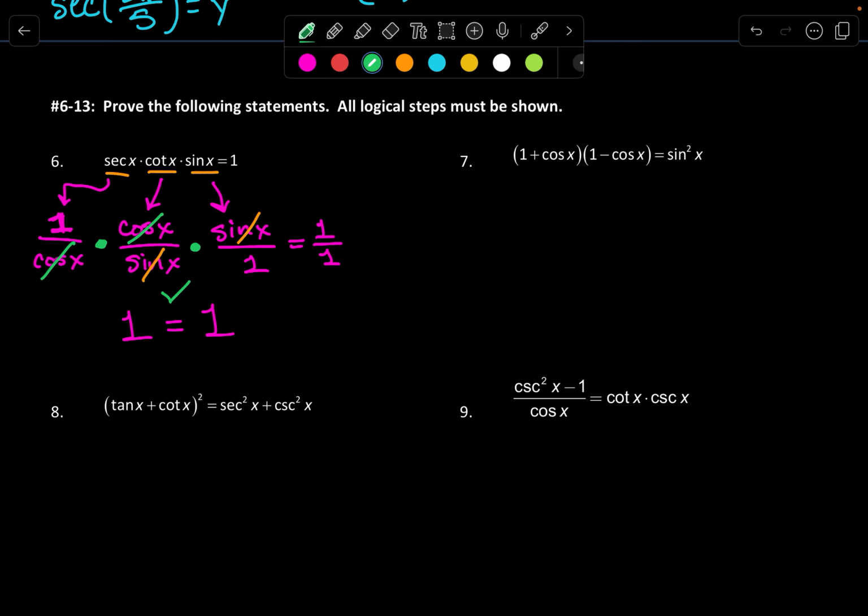For number 7, I've got these two binomials, and they're being multiplied, which means I need to FOIL these.